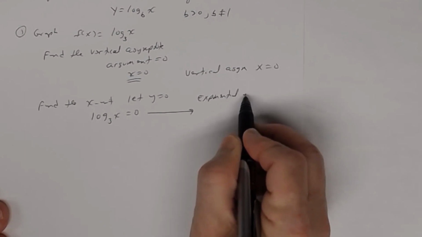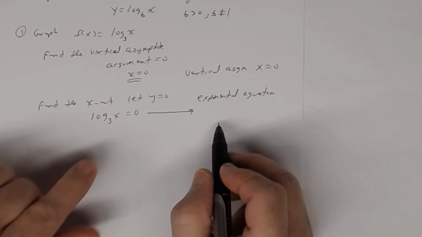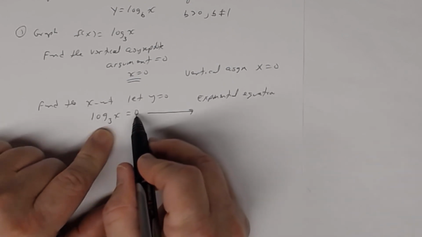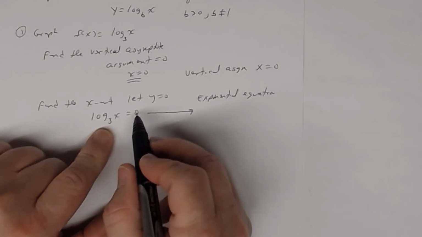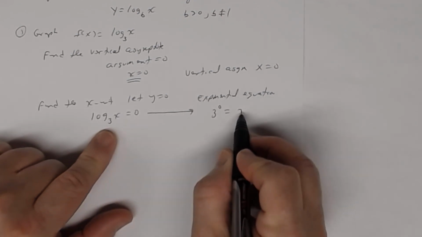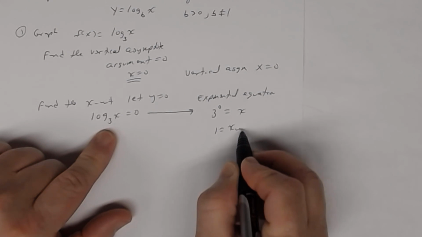Remember how to write a log equation as an exponential equation. First of all, you take the base, which is 3, and you raise it to the number on the other side. So you say 3 to the 0, and that's going to equal the argument, which is x. Well, 3 to the 0 is 1, so 1 equals x. So there's your x-intercept.